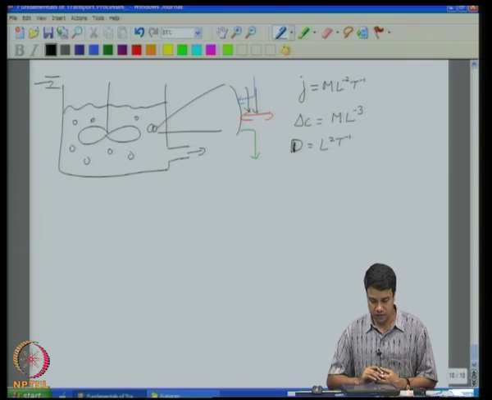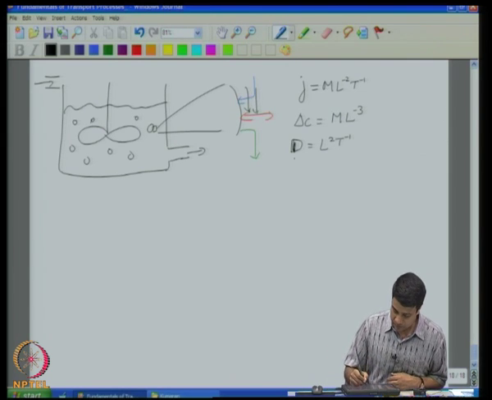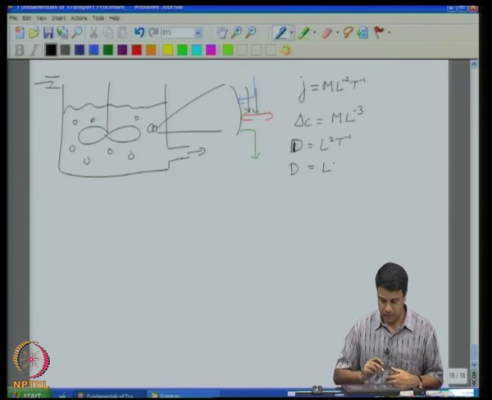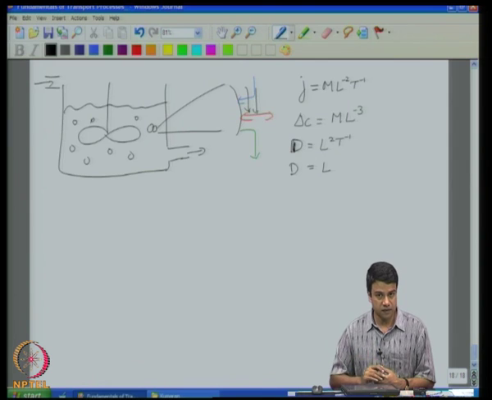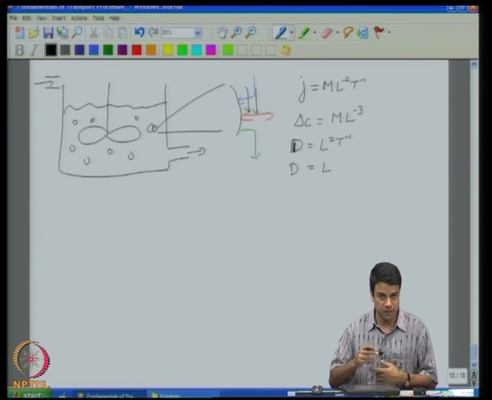From that we got the diffusion coefficient, and it is of course going to depend upon the diameter of the catalyst particle, which has dimensions of L. In addition, the flow of the fluid very near the surface is going to depend upon the average velocity with which the fluid is being swirled around.